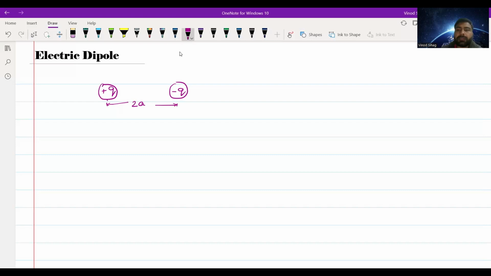And yes, of course we can say that अगर इनसे कोई बहुत ज्यादा दूरी पे कोई पॉइंट हो, let us say there is a point where r is very much greater than 2a, then obviously we can say that the field will be nearly zero, but not absolute zero.